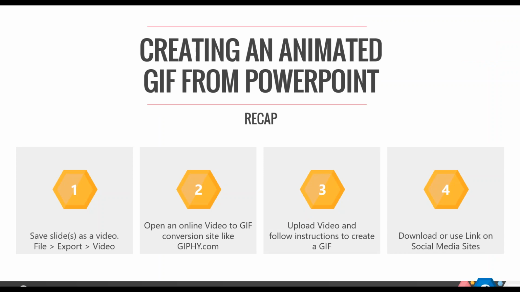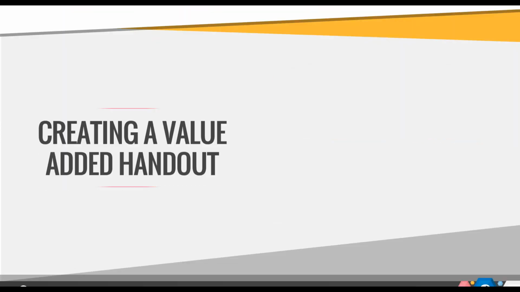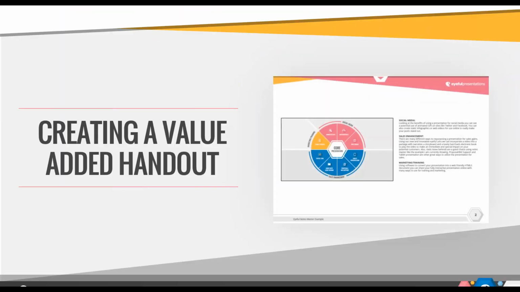The next thing is to use an online GIF creator tool, or if you're a designer out there, you can use Photoshop and basically convert your video into a simple GIF and then upload that GIF to social media sites. So really, really simple. So hopefully that was all informative for you.